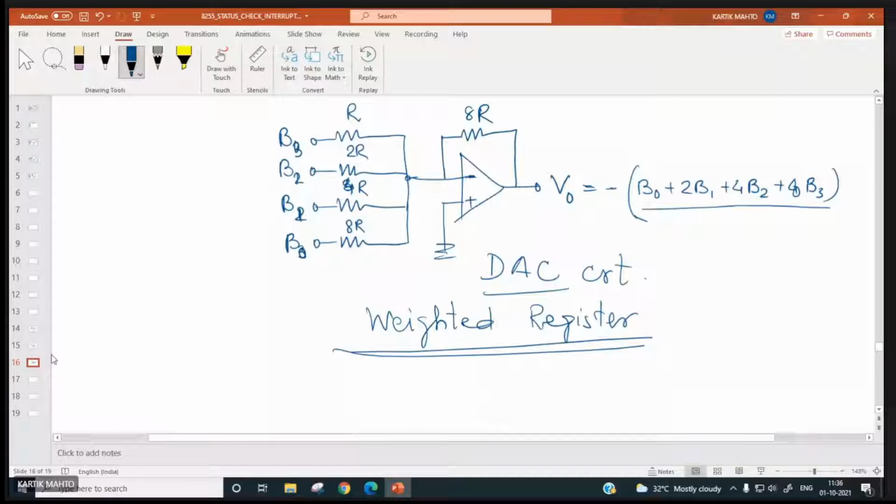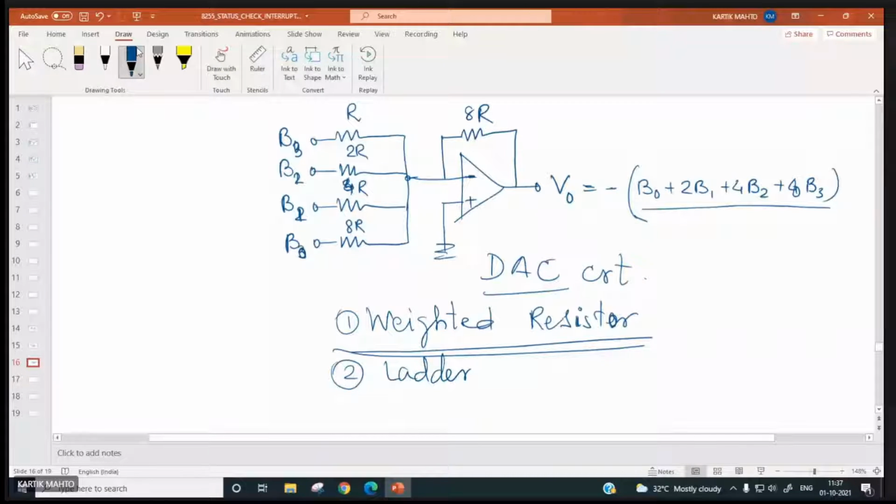Weighted resistor? No, sir. In DAC, there are two types of circuit. One is called weighted resistor and another is called ladder. You have not heard of these two names. Sir, we have the R2R ladder circuit in electronic measurements lab.